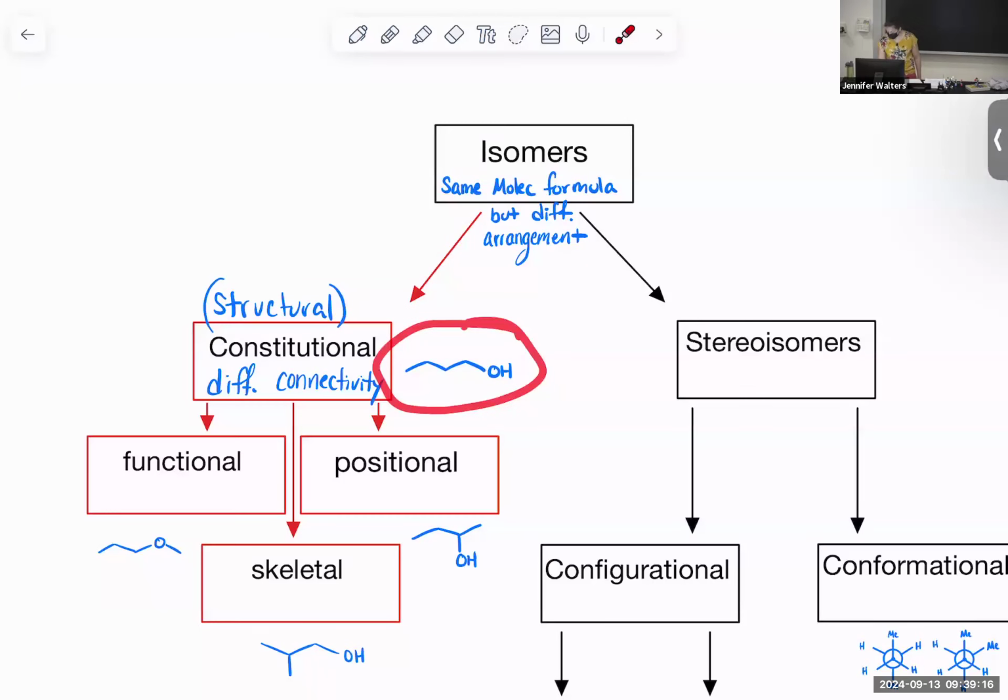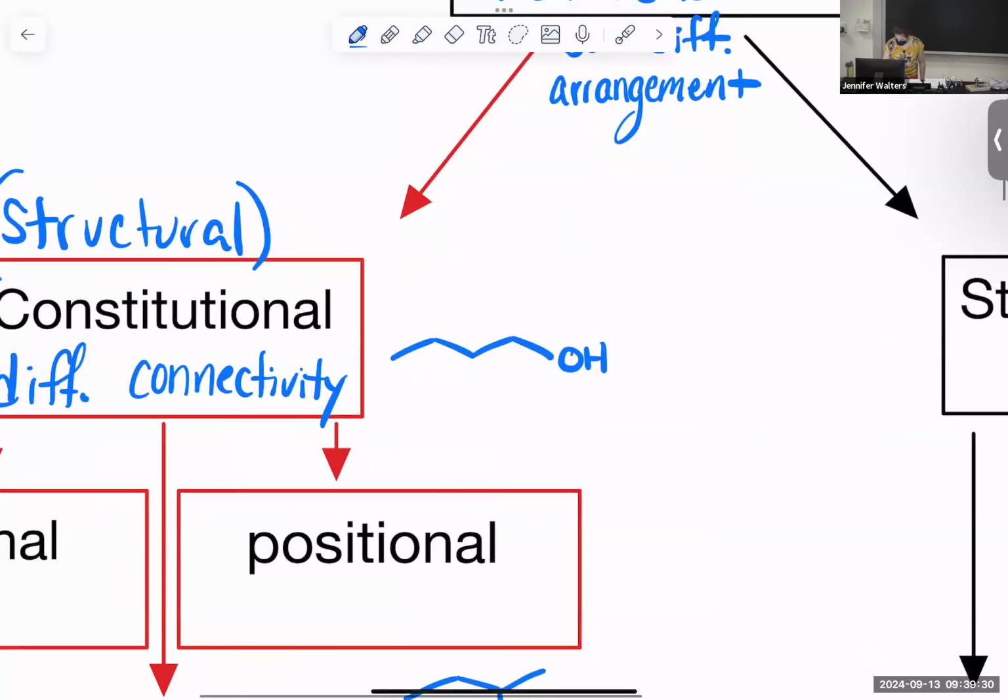So if I'm looking at my original molecule, how would I name this molecule? So it's butanol, but what kind of butanol? Okay, location, we need a number.